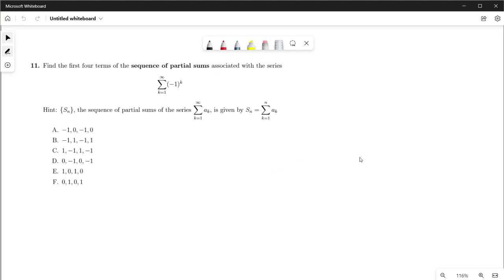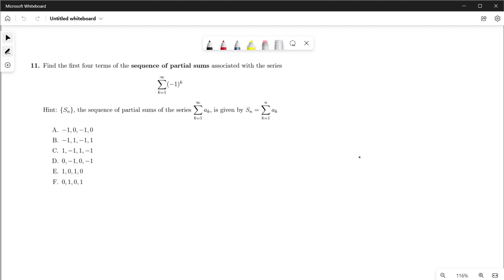Question 11, we need to find the first 4 terms of a sequence's partial sum. For these types of questions, I would just recommend writing them out, because it's only the first 4. So you can just write out the terms of the sequence and then sum the partial sums together.